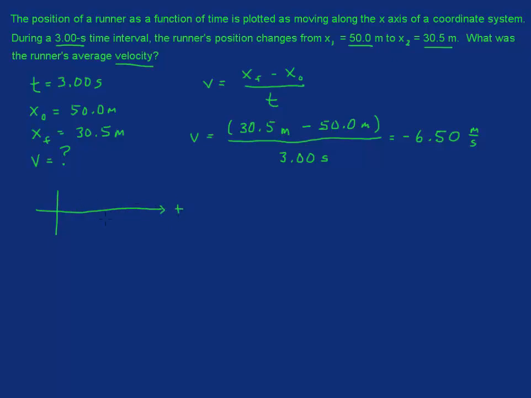That's our positive direction. We started over here at 50 and we moved back over here to 30.5. The direction of our motion was opposite the positive, so we actually had a negative velocity, which means in this case that we moved to the left. So it is important because it indicates direction.